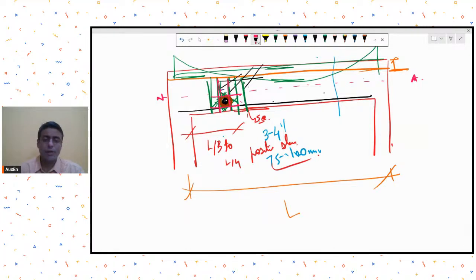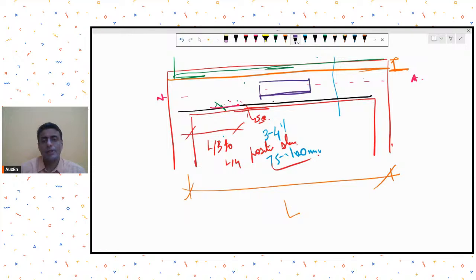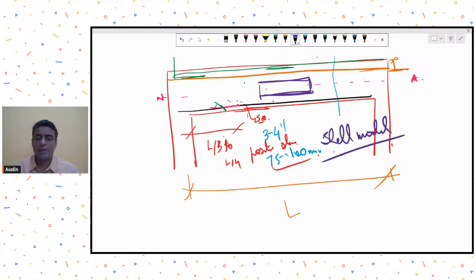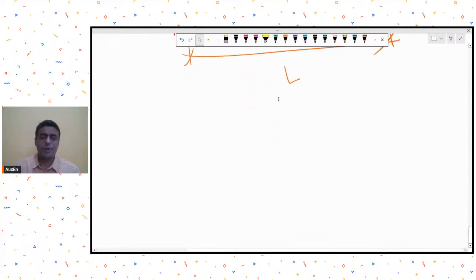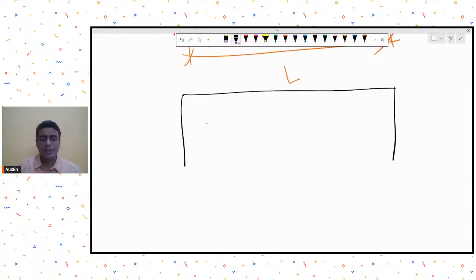But if the opening becomes larger, and if it is going to eat into the cross sectional area of your concrete, then it has to be properly analyzed. In such cases, you should ideally prepare a shell model of your beam. What I will suggest is you prepare a 2D shell model where you represent your beam as a shell element.